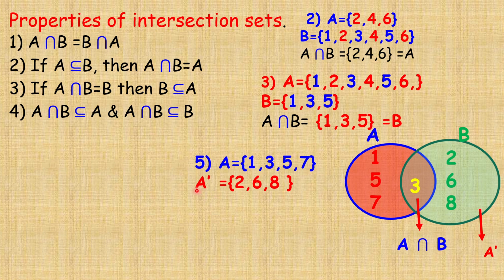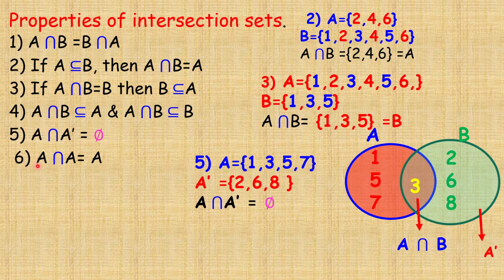If we write the complement of set A, the elements are 2, 6, 8. If we observe the elements of set A and the complement of set A, there is no common element in these two sets. Therefore, A intersection complement of A is equal to the empty set. So the fifth property is A intersection complement of A is equal to the empty set.